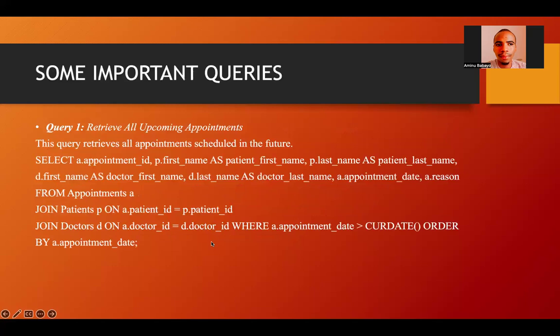So these are some of the important queries for retrieving records. This one will retrieve all upcoming appointments. This query retrieves all appointments scheduled in the future. It will select A.appointment_id, P.first_name as patient first name, P.last_name as patient last name, D.first_name as doctor first name, D.last_name, and so on.